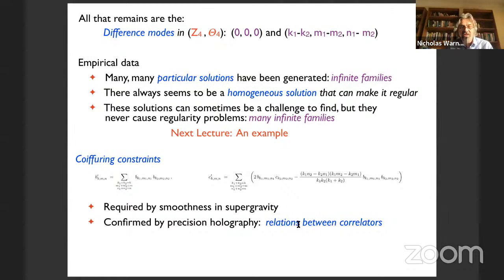And so it's very, well, not very encouraging, it's essential. We are learning precisely about relationships in holographic field theory that are actually testable and true from requirements of smoothness. So this is not some ad hoc procedure. It's actually something that you can test in AdS/CFT and it works.